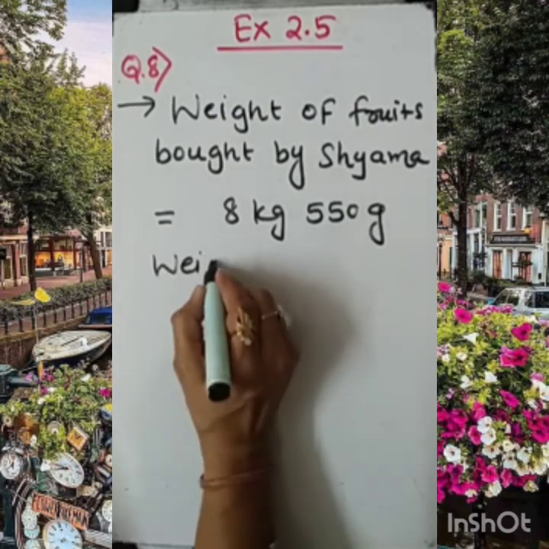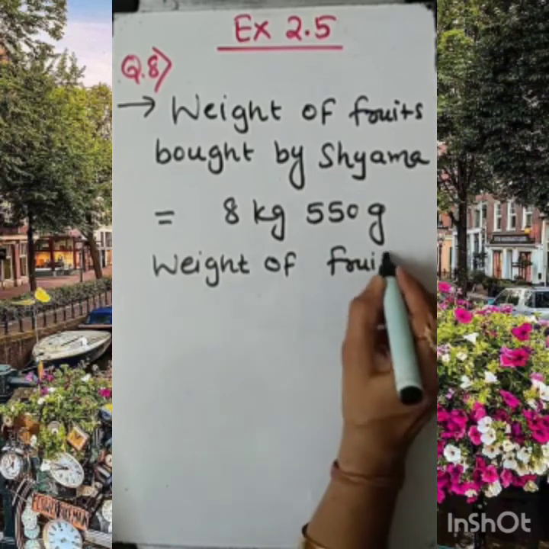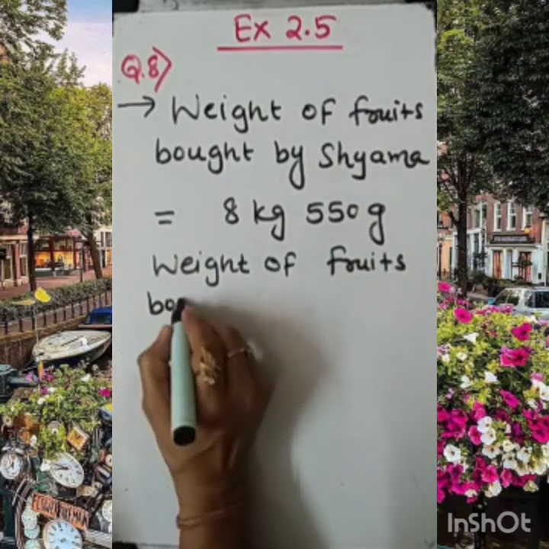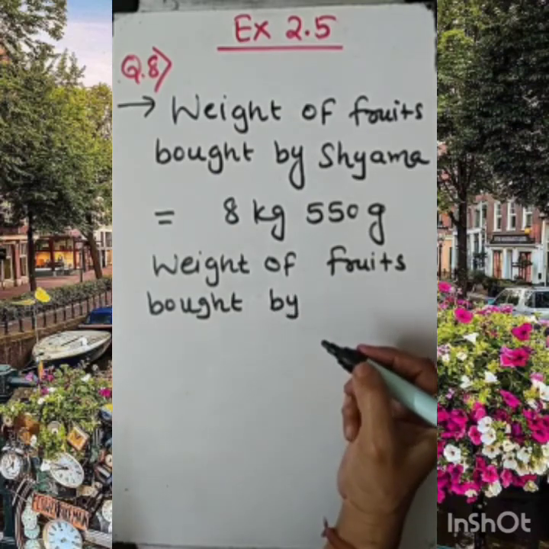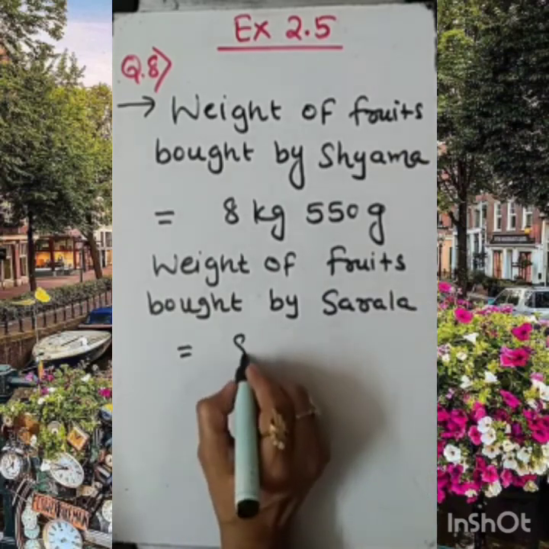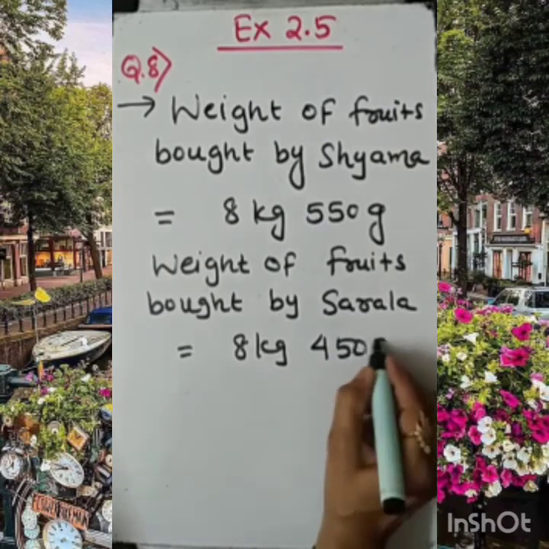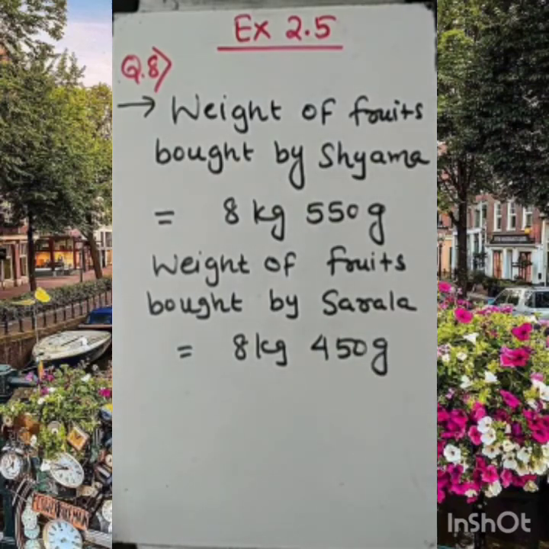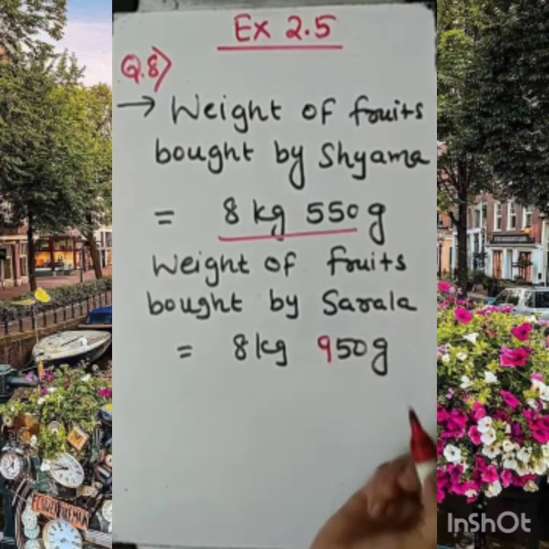And in the second case, we need to write weight of fruits bought by Sarla. In the second case the answer was 8 kg 950 gram. So I'm correcting it here. That was 950 gram, which was our second answer.